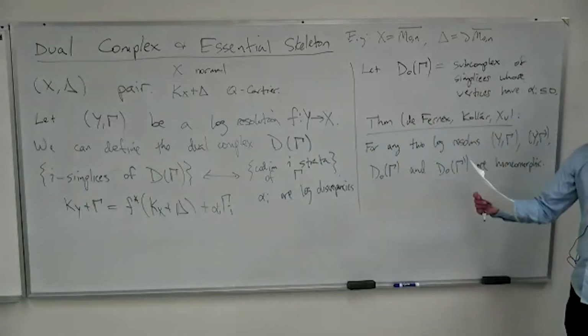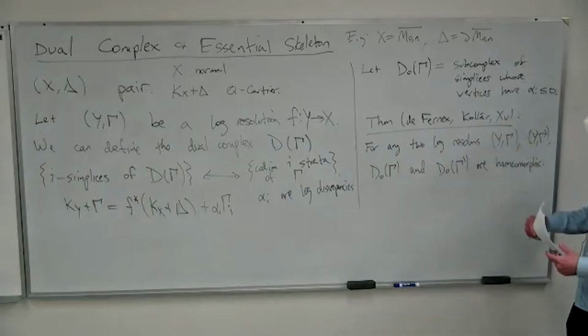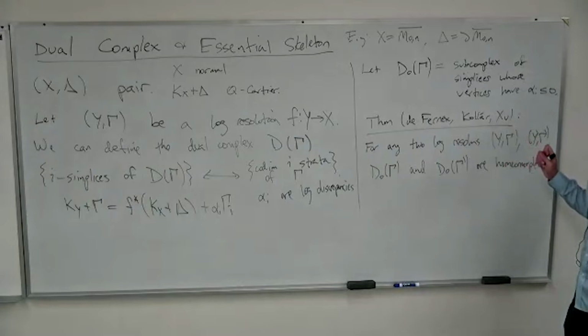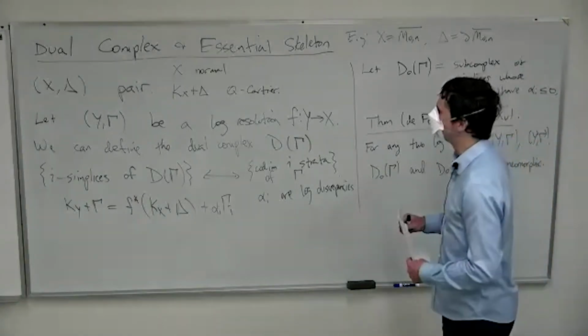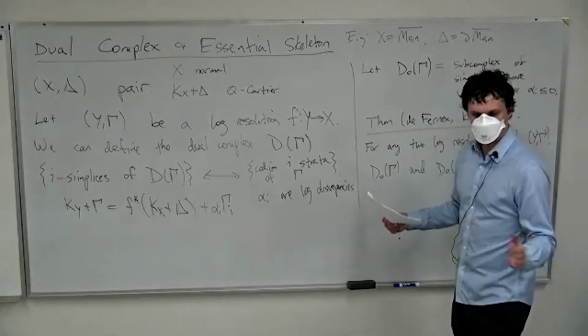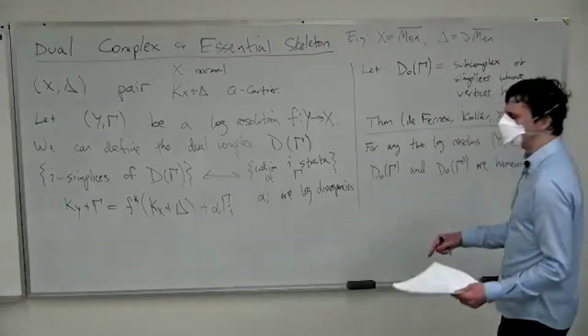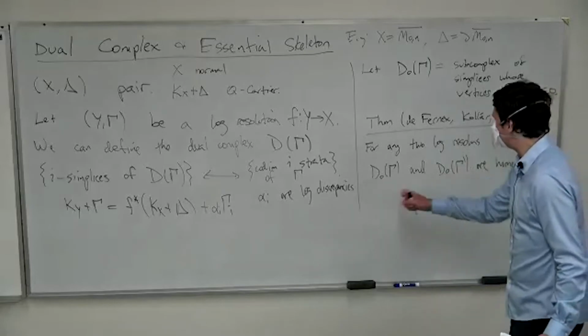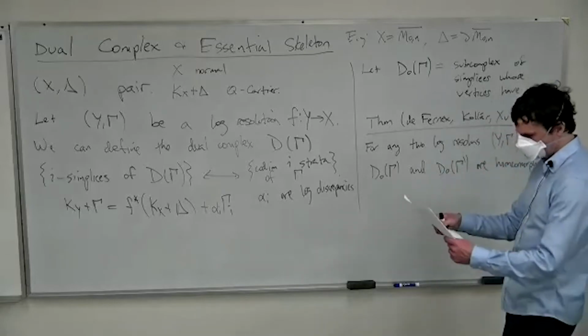The technology of the minimal model program allows us to produce a DLT minimal model of x delta. In particular, that has some nice singularities, and you also want that kx plus delta is nef. And then in that case, the dual complex of that model is exactly one of these.